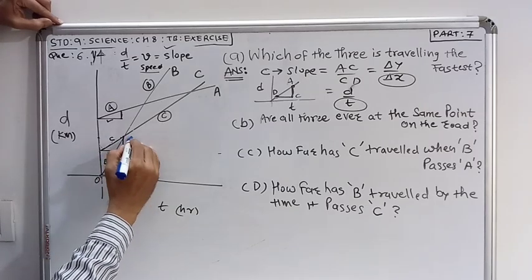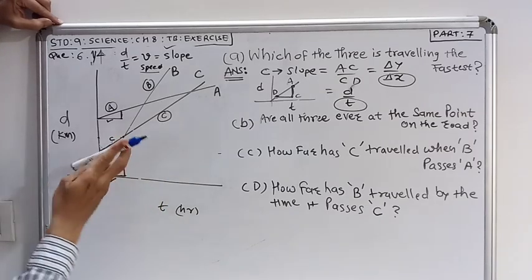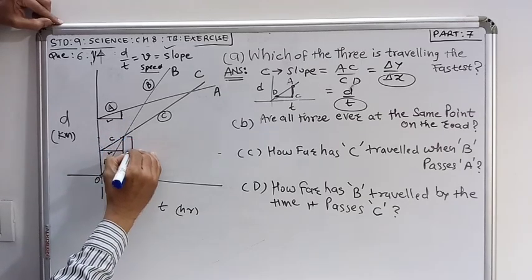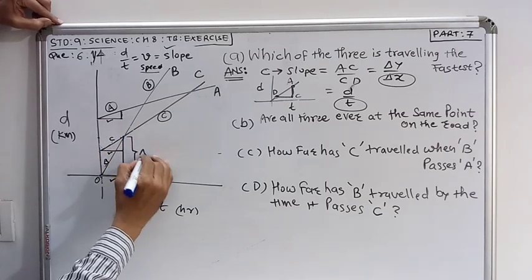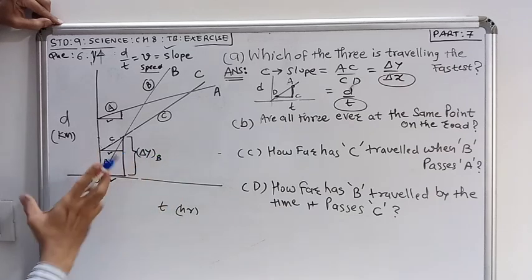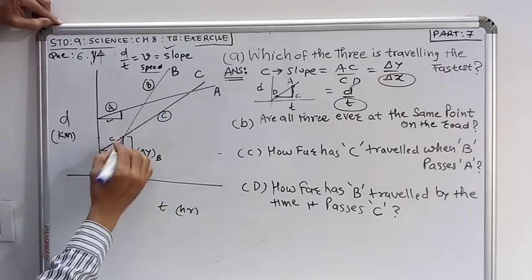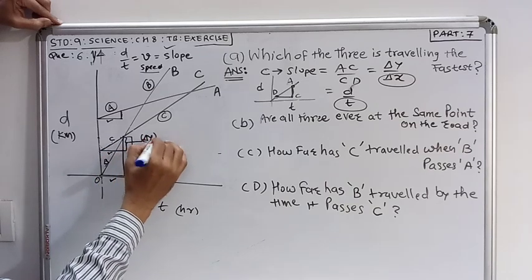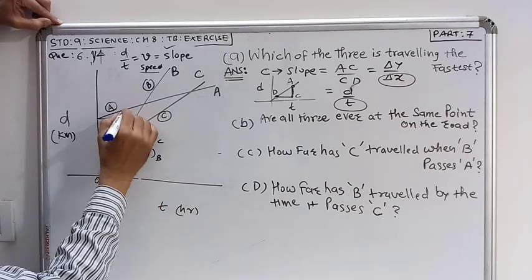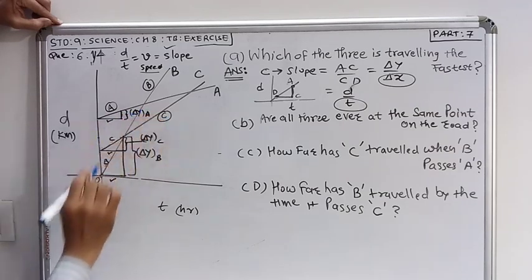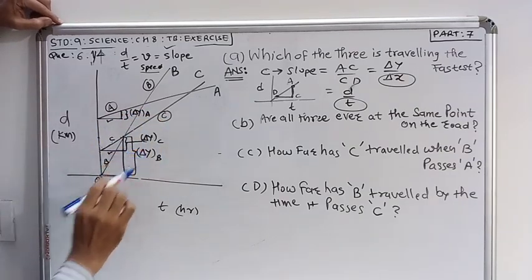But for B, the delta y is more. For C, the delta y is less, and for A, the delta y of A is less than C.